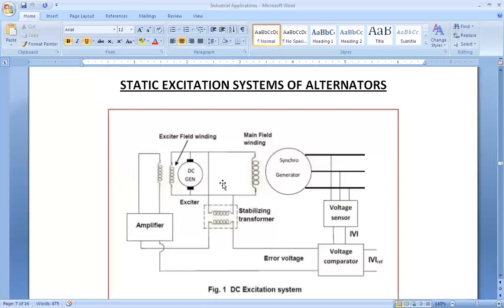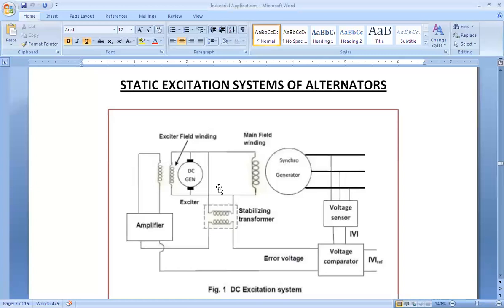voltage level. So here, instead of this DC generator, we can connect a phase control rectifier across the input of the field winding, so that by controlling the firing angle of the phase control rectifier from 0 to 180 degrees, if it is single phase, and we can also use a three-phase control rectifier to excite the field winding.